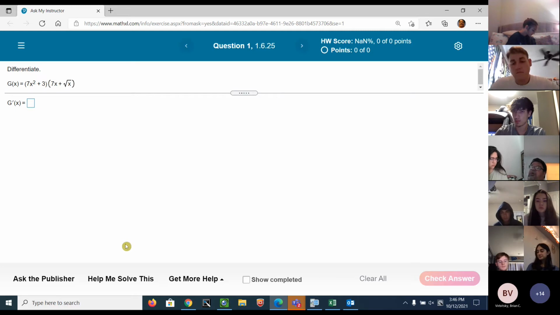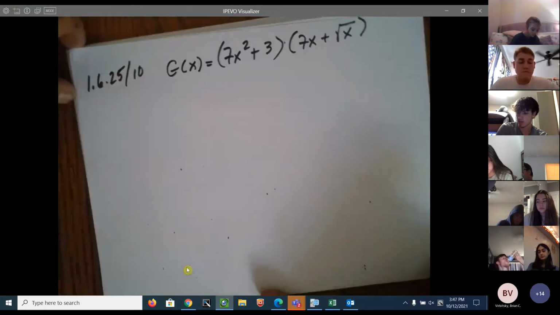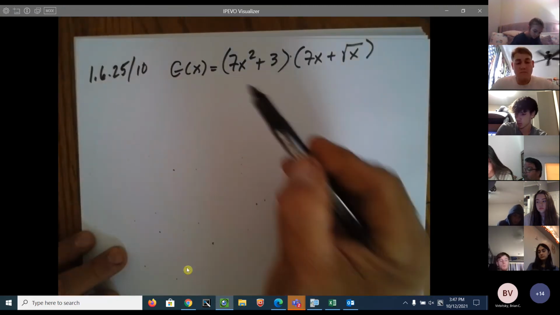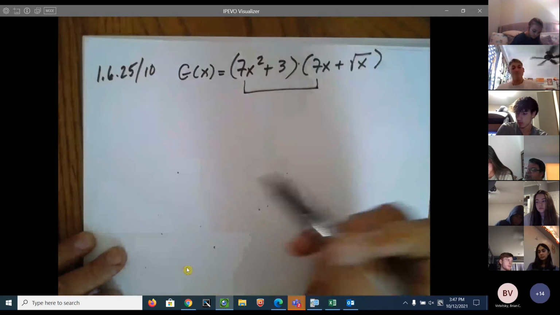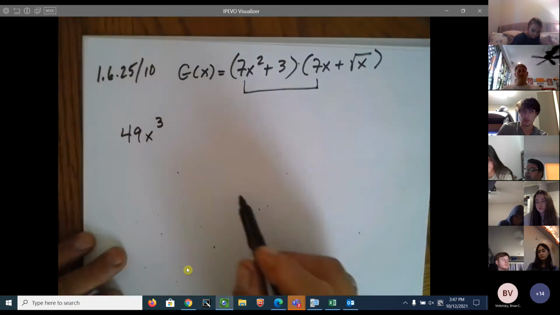All right, so you can do this one of two different ways. You can either do the algebra first, or you can do the calculus first. I'm going to do the algebra first. So I'm going to use your FOIL. First is going to be 49x to the third.